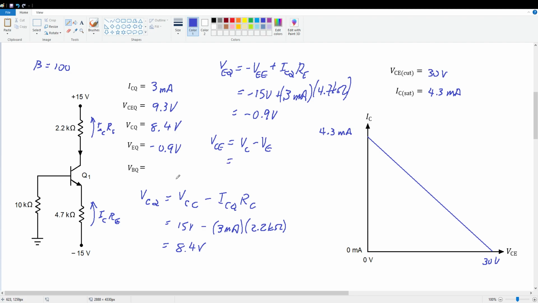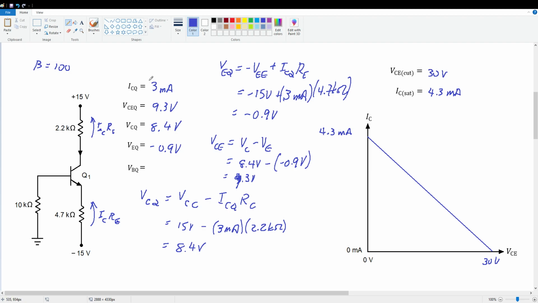So that should be equal to 8.4 volts minus VE, which is negative 0.9 volts. And 8.4 minus 0.9 is 8.4 plus 0.9, and that is 9.3. So we get a consistency check here, 9.3 volts for both of these.